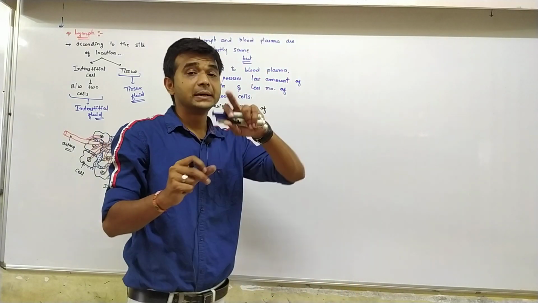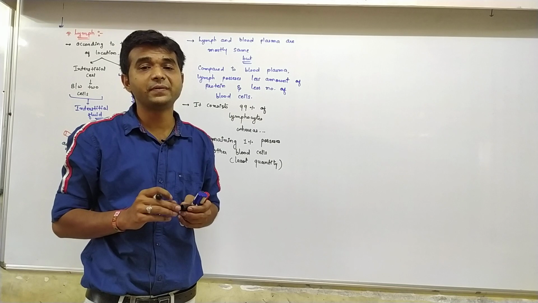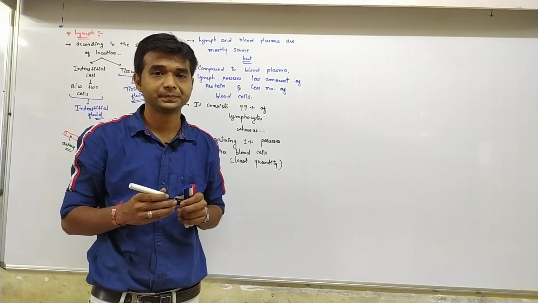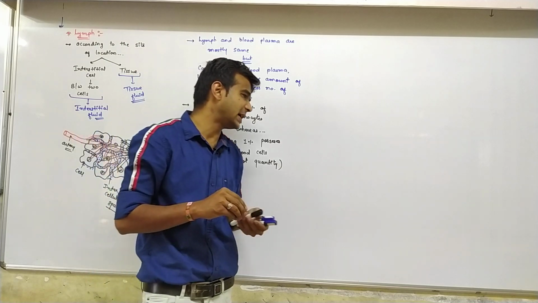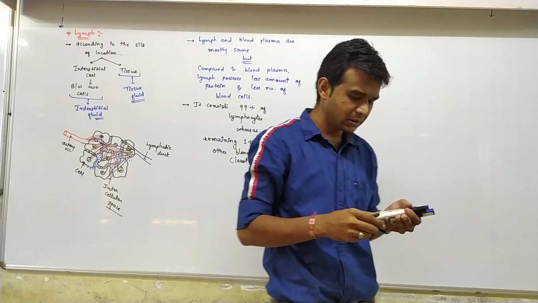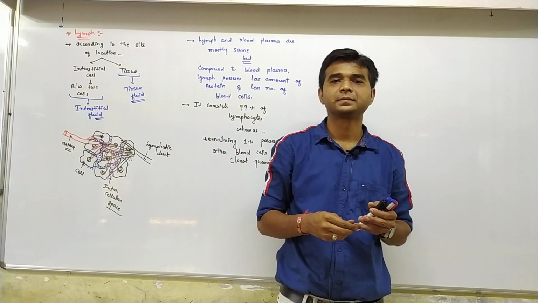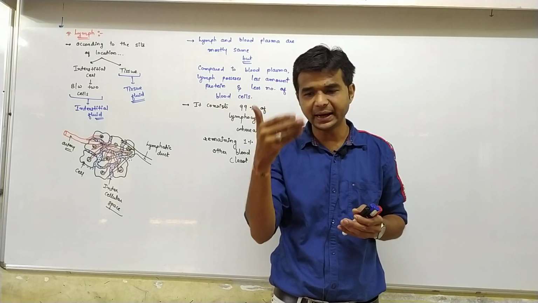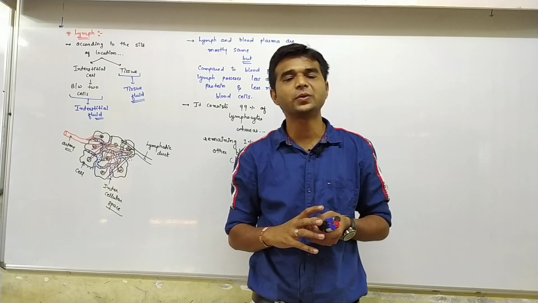Okay. In different areas of our body, we have lymph nodes. Lymph nodes are very small structures which collect the lymph, filter it and transfer the lymph to the forward area.